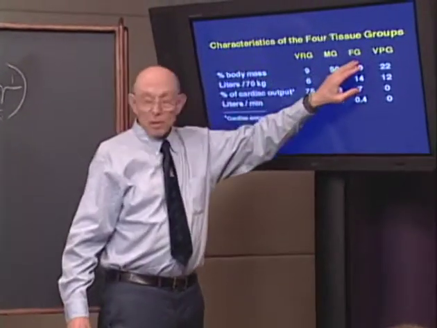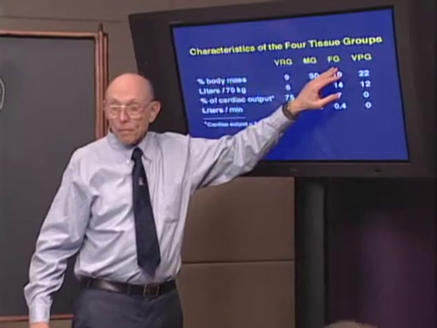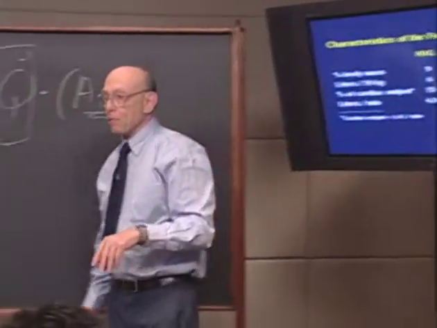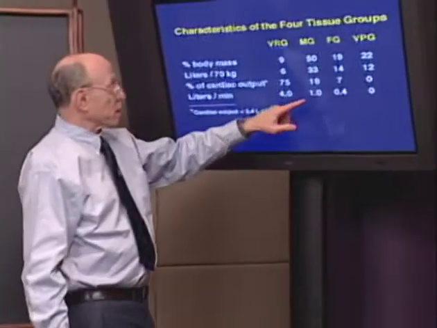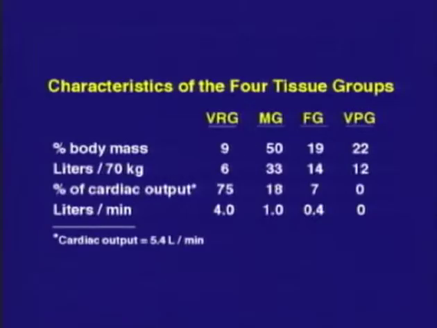The fat group is what its name implies. Why would we separate the fat group from the muscle group? Why not just lump them together? After all, they have about the same flow. If you look at the ratio of the flow to the volume, they aren't really that much different. So why would you separate them? Because of solubility.